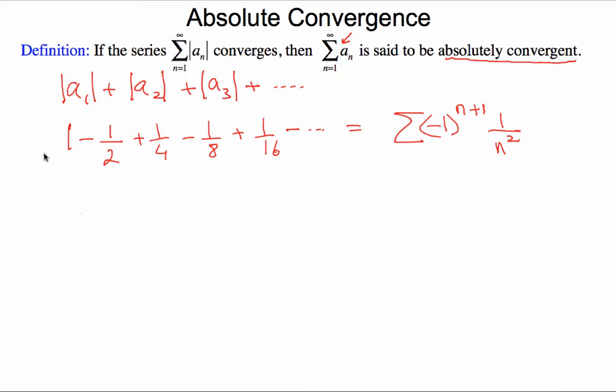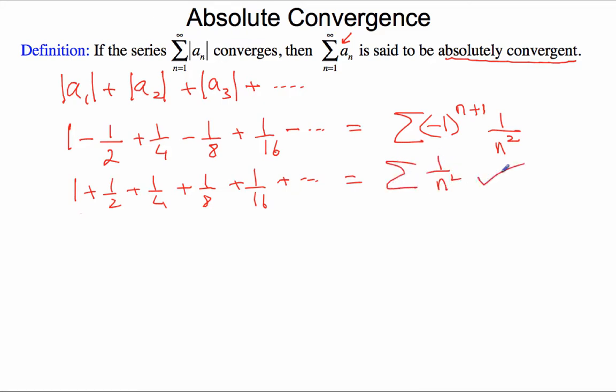On the other hand, if you take the magnitudes of this, you get 1 plus 1 over 2 plus 1 over 4 plus 1 over 8 plus 1 over 16th, etc. And that is 1 over n squared. We know that this exists, and so therefore this series over here is absolutely convergent.